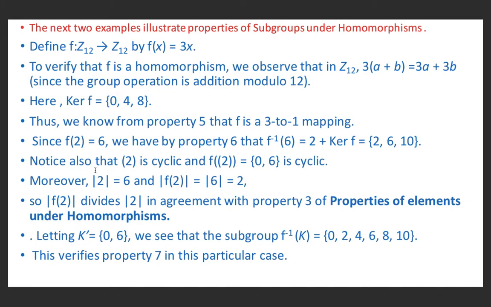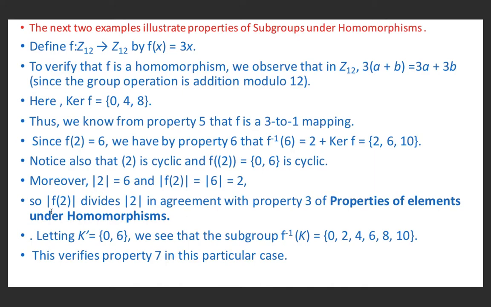Notice that 2 is the generator of a cyclic group and f of the group is equal to {0, 6}, meaning the image of a cyclic group is also cyclic. And moreover, order of 2 is 6 and order of f(2), which is order of 6, is equal to 2.